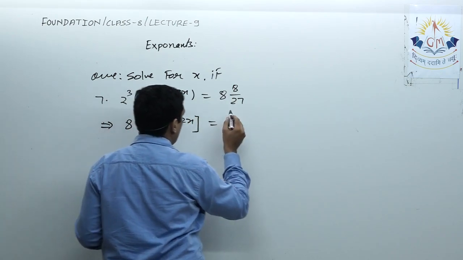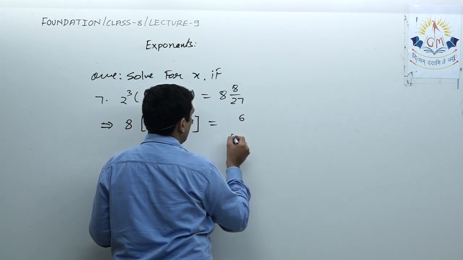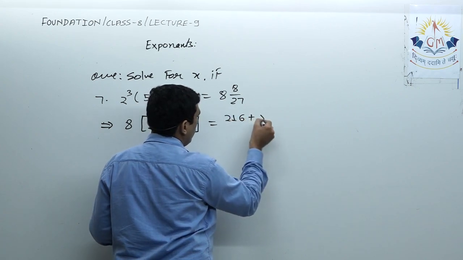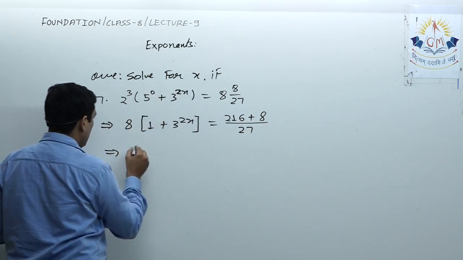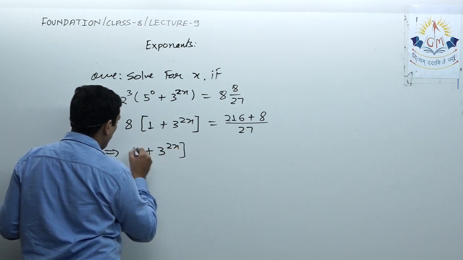Okay, now 27 into 8, 216 plus 8 upon 27. So this is 1 plus 3 raised to 2x.